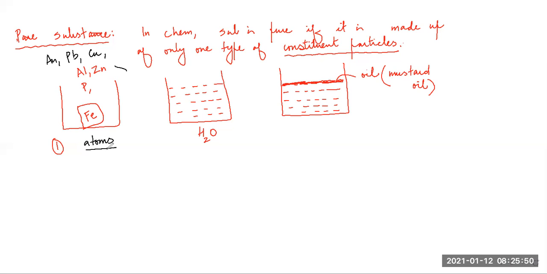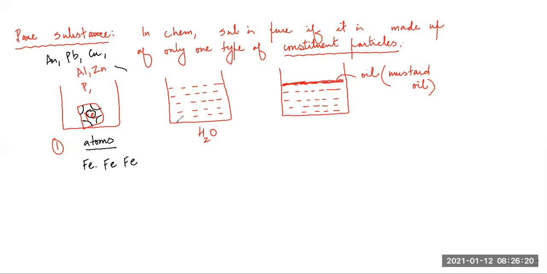And wherever you see, if you take the top portion of iron, the middle portion, right, left, bottom, everywhere you will see the iron is made up of iron atoms. Hence, we say in chemistry that this substance is pure.